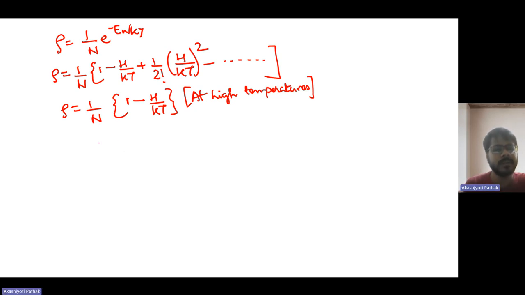Now, what we know is that this Hamiltonian operator represents the energy of a spin system.